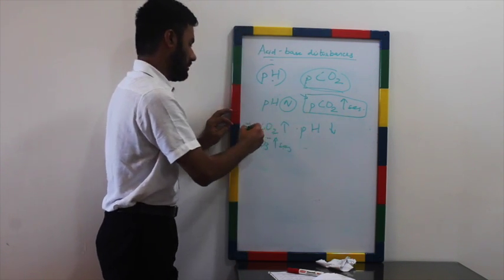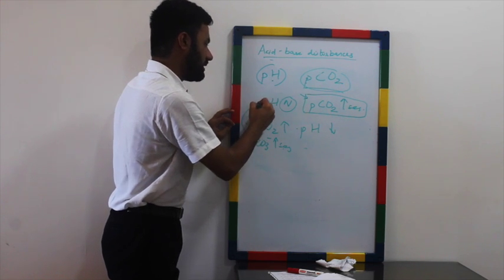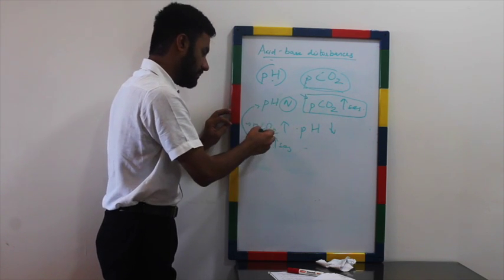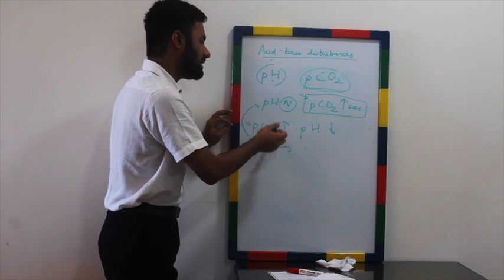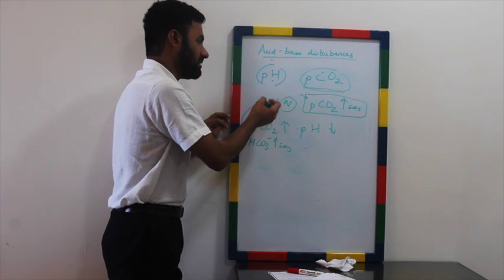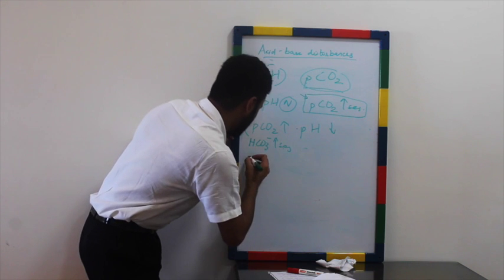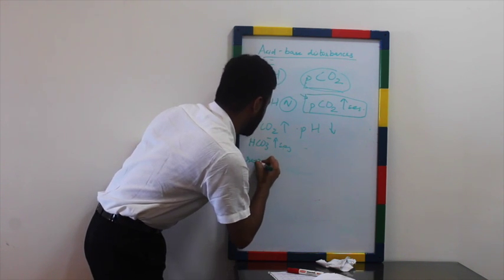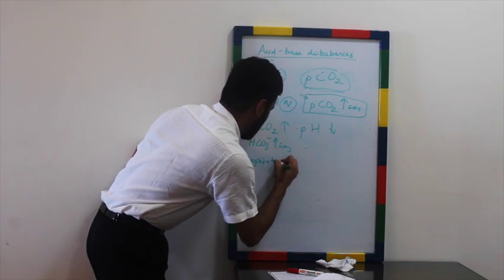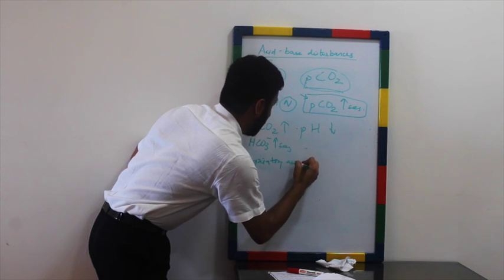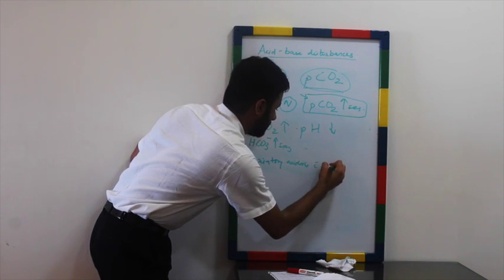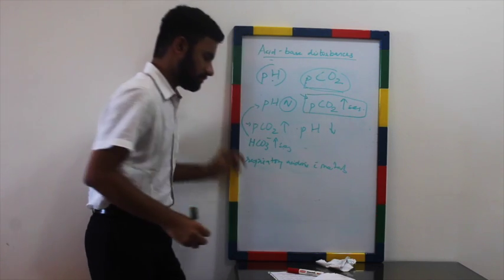But here the bicarbonate has increased to such a large extent that it made the pH normal. So it means there is a respiratory acidosis with a metabolic alkalosis, a mixed disorder.